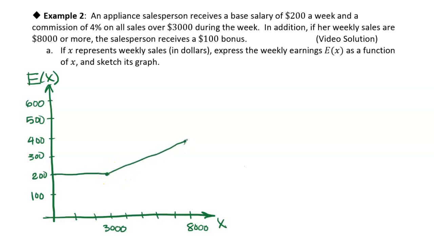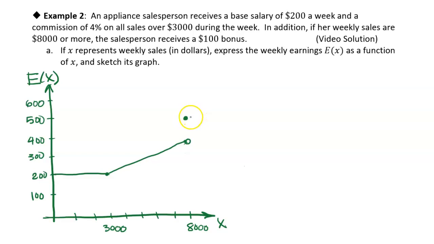Now, actually, I should put an open circle here because at $8,000, then she gets an extra $100, right? So you hit that mark of $8,000, and now you're actually going to get $500 in salary if you sell exactly $8,000 worth of appliances, and then she's also going to continue earning the commission, right?